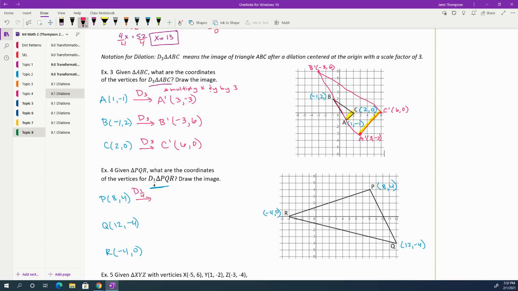Now, when I take that dilation of 1/4, that means I'm multiplying each part of each coordinate by 1/4.